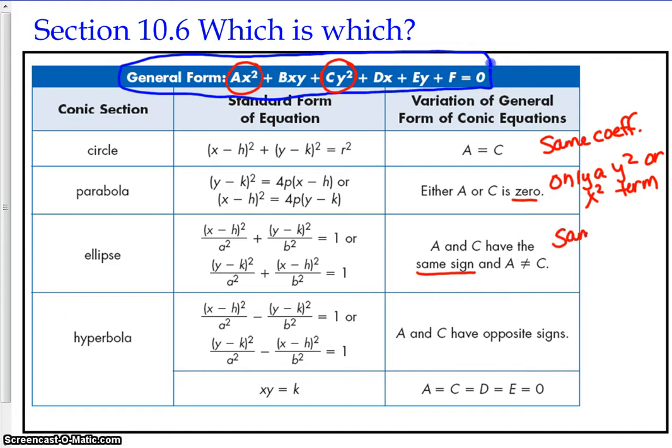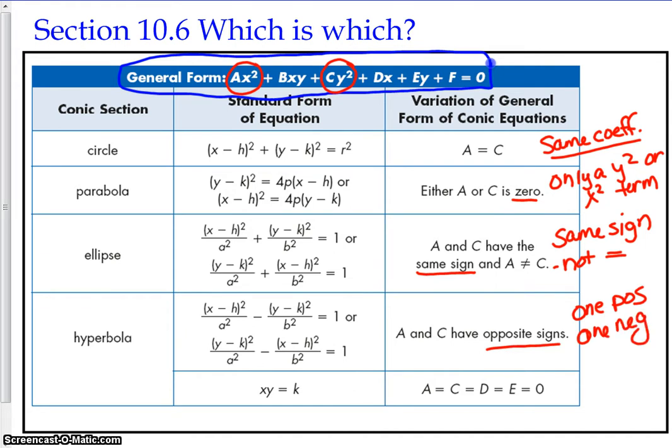All right? So they are the same sign, but they're not equal, because if they're equal, they would be circles. In hyperbolas, they have opposite signs, all right? So in other words, one of them is positive, one of them is negative.